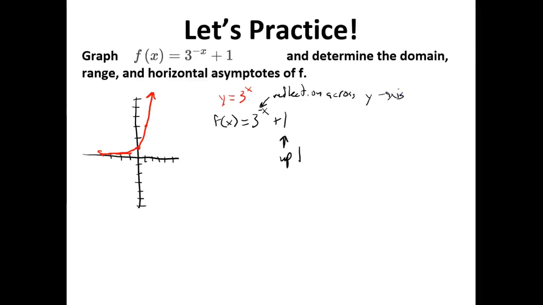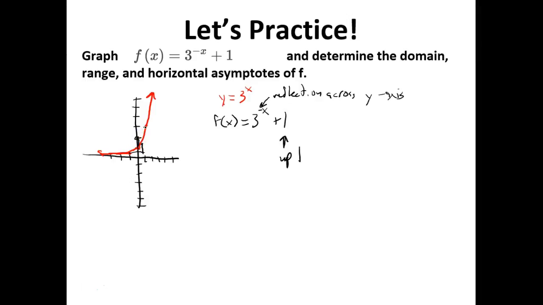So that minus x is going to be a reflection across the y-axis, meaning we had a point here. It's going to get reflected over to here, and then up 1, right there. This point reflected across the y-axis can't go anywhere, but then up 1 goes to there.